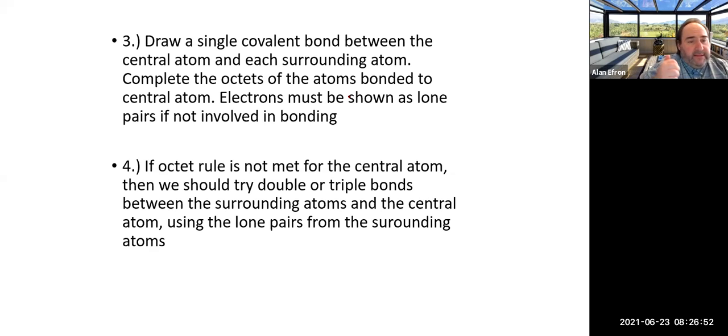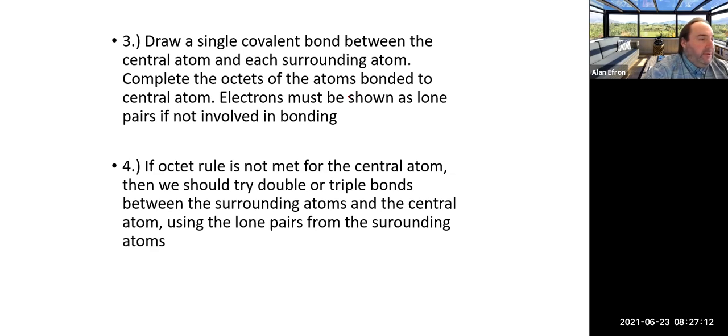If you've now made single bonds from the central atom to the outside ones, filled up everybody on the outside with electrons, and you still have electrons to go, then you put those electrons on the center atom as dots in pairs. At that point, you should run out of electrons.